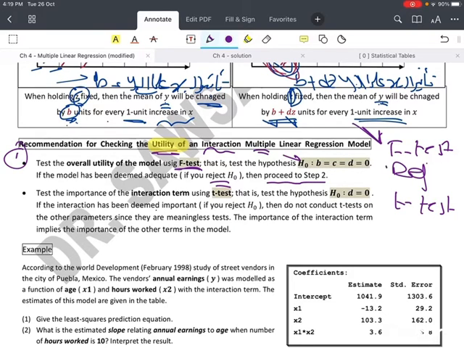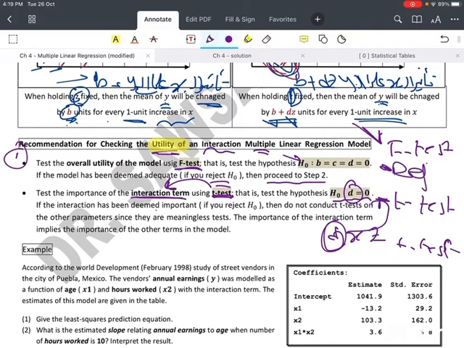Then if you reject, you will test the importance of the interaction term. So I do a t test on the interaction term, whose coefficient is d, since it becomes dxz. So I do a t test on this term, with d equal to 0.